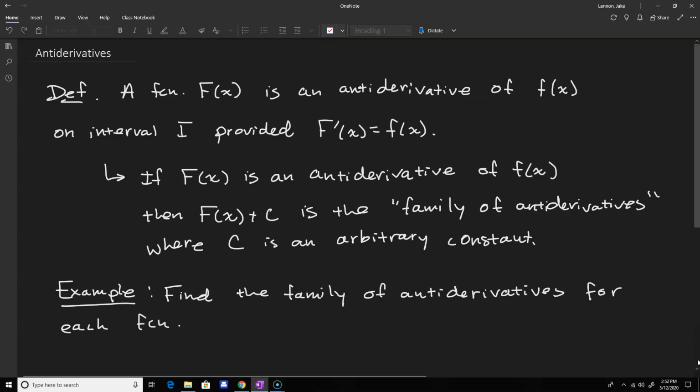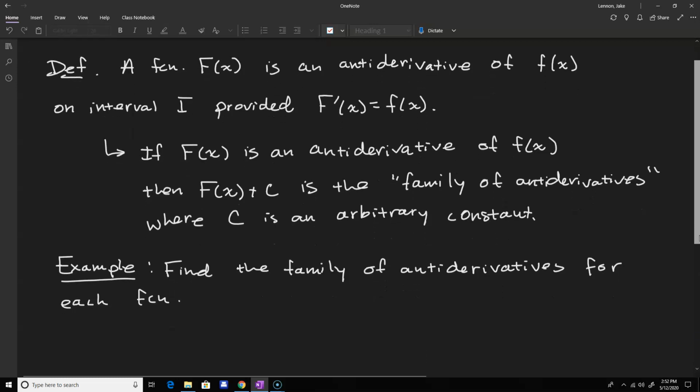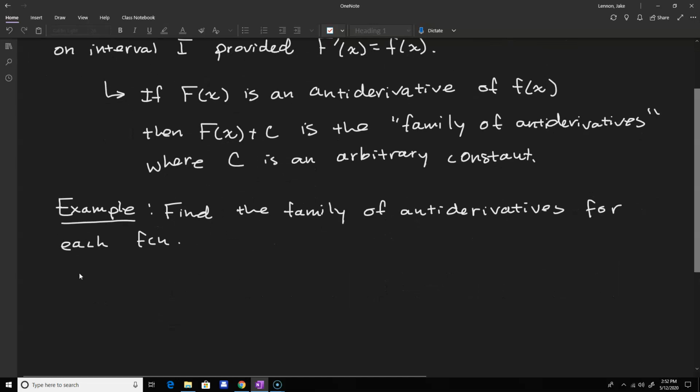Okay, so what functions? Let's start with part A. We'll say f of x is 1 divided by 2 square root of x.